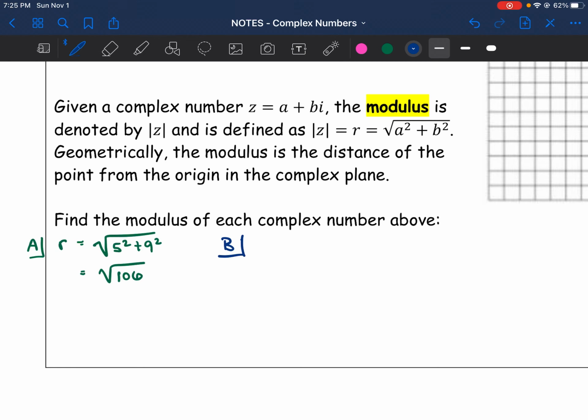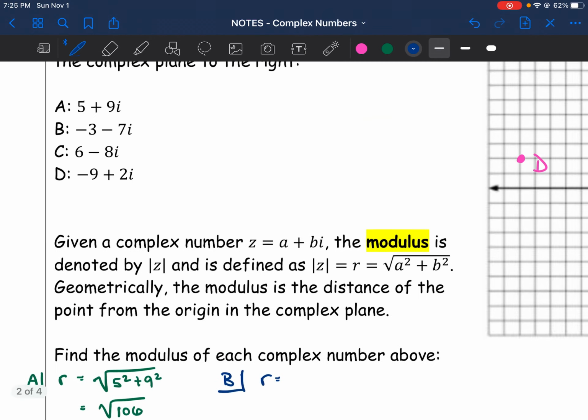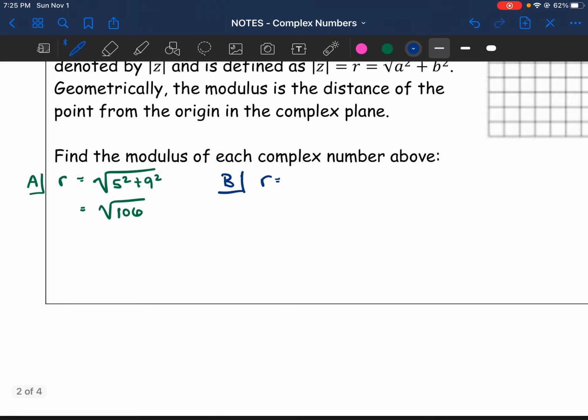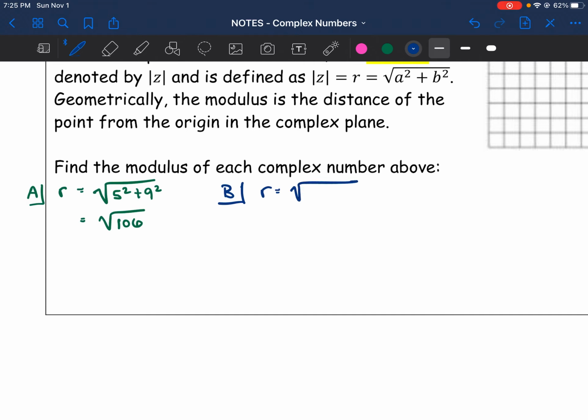So for point B, R equals, let's see, point B was negative 3 minus 7i, so the modulus is the square root of negative 3 squared plus negative 7 squared. Let's see, that's going to be 9 plus 49, which is square root of 58.